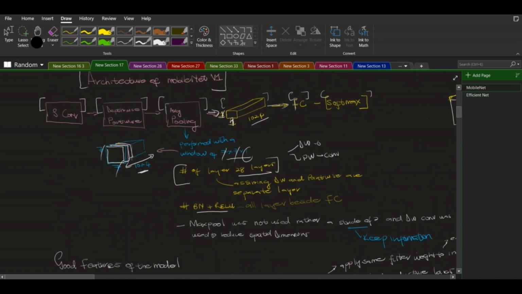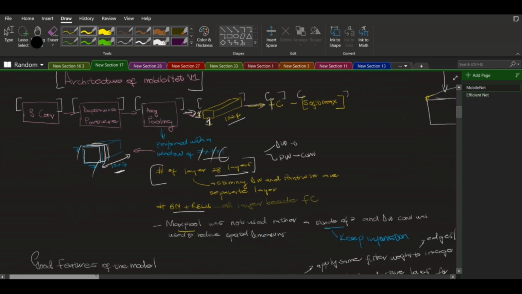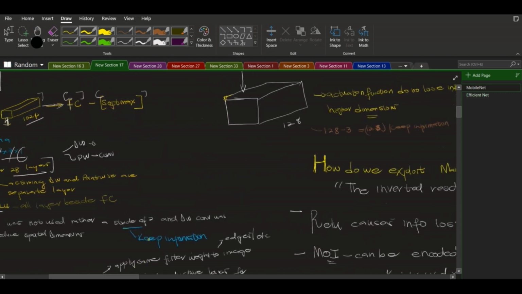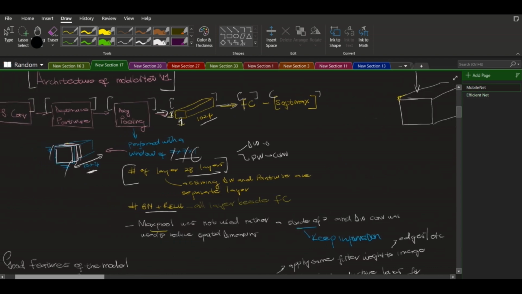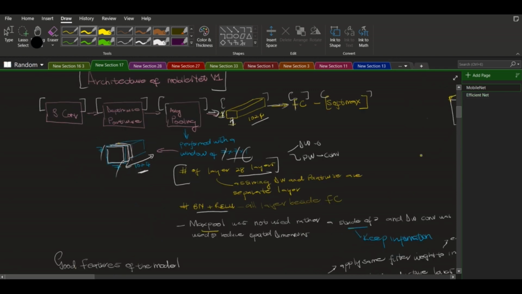Another detail of the architecture was that max pool was not used; rather they used a stride of 2 to reduce the spatial dimensions. I think it could have been because the stride of 2 still keeps information compared to max pool, which can discard some of the important information. Maybe that was the reason why they decided to use stride of 2.